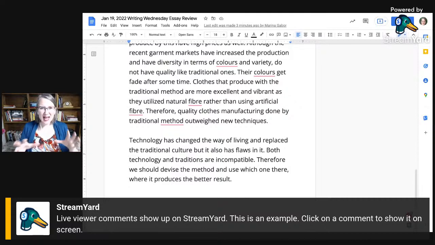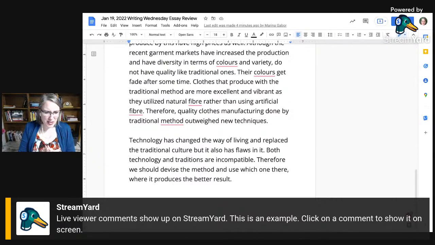Okay, so we have some grammatical word use issues here, but what I'm hearing is that although technology has replaced some of the cultural things, there are some flaws with it.